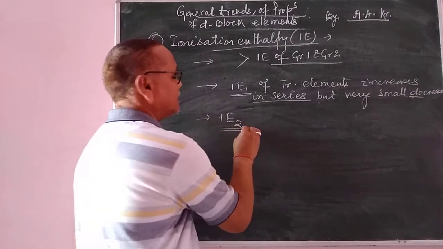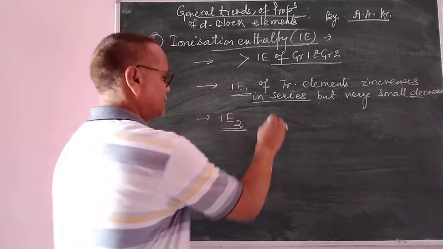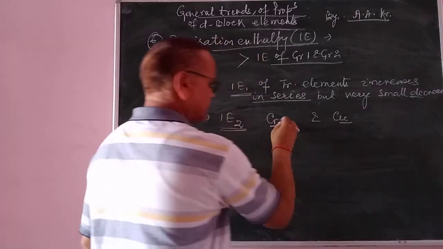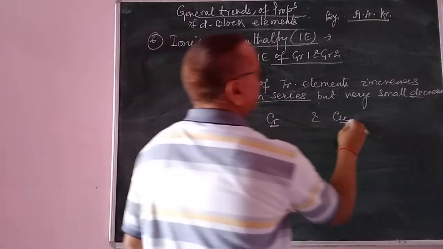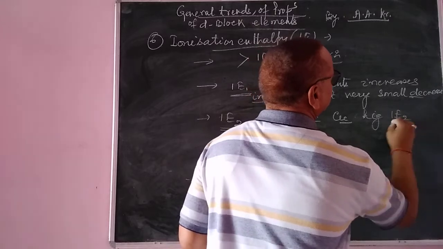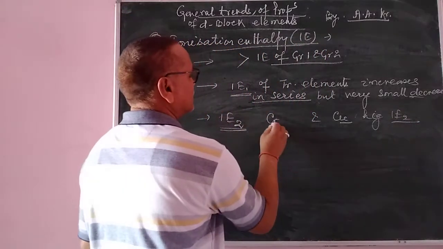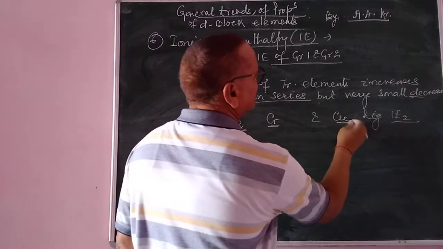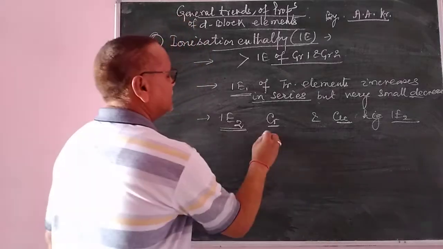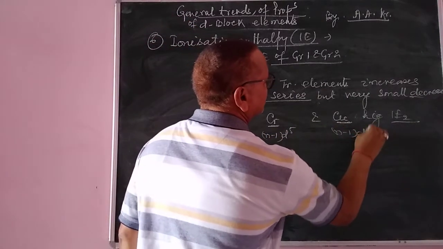The second ionization enthalpy of chromium and copper is high, because after losing the first electron, chromium and copper attain an extra stable electronic configuration. It means (n-1)d5 and (n-1)d10.